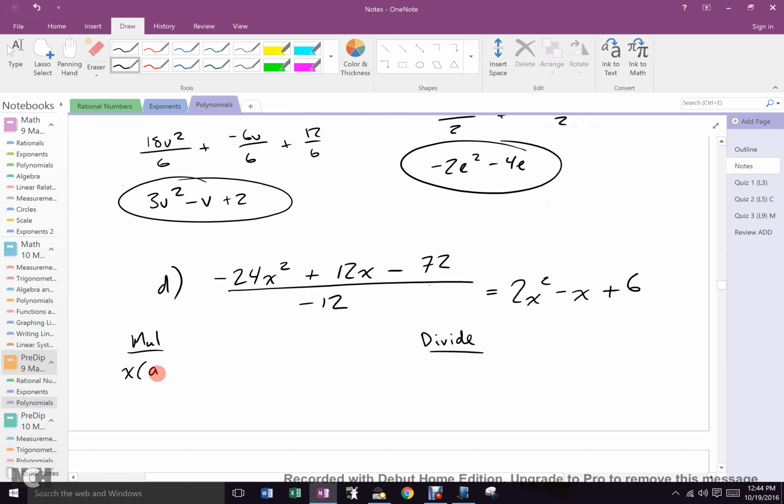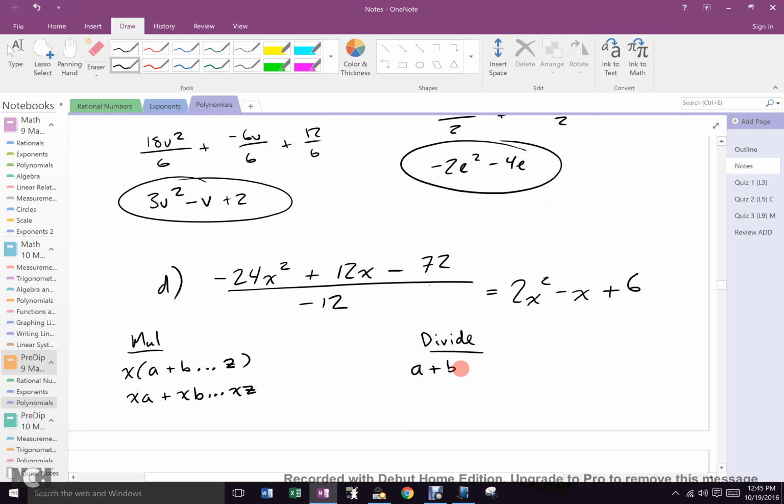X times A plus B becomes X times A plus X times B. And if you want to go really crazy, you would go dot, dot, dot, Z, dot, dot, dot, X times Z, because the X multiplies by everything. What would it be for divide?